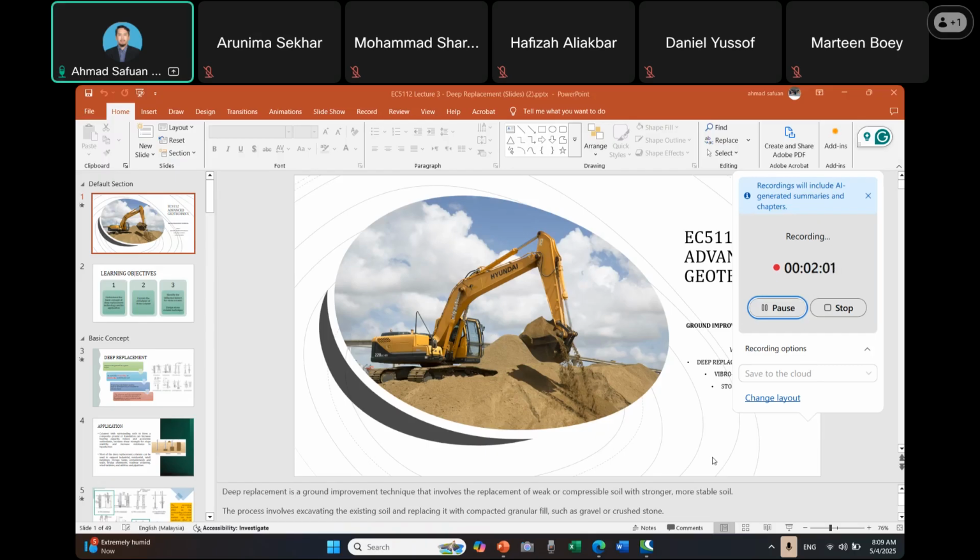It can improve the bearing capacity, and also reduce what we call the settlement issue. It also can be a part of drainage systems. For example, when we use sand, we heard about the prefabricated vertical drains.